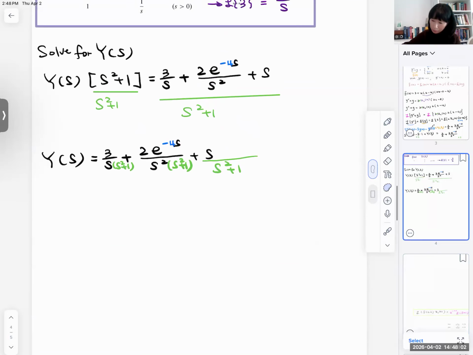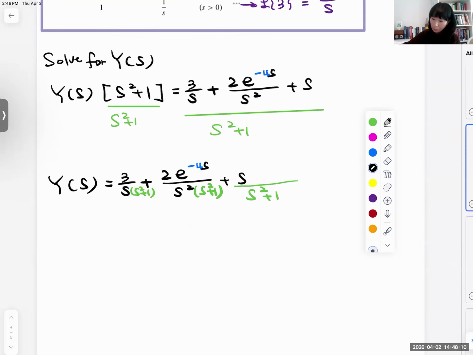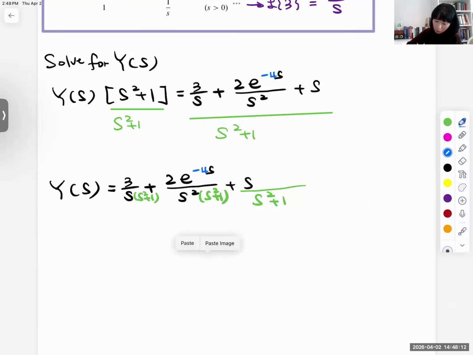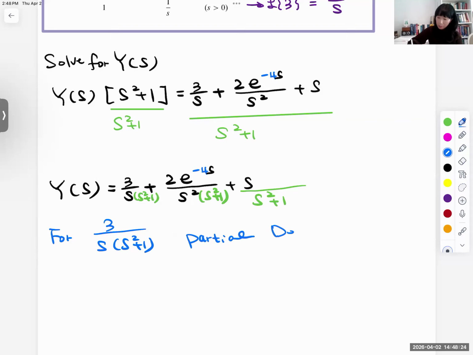So for the first term, 3 over s squared plus 1, we do partial fraction decomposition. Why? Because we're going to take the inverse Laplace, then we can find that function equation.